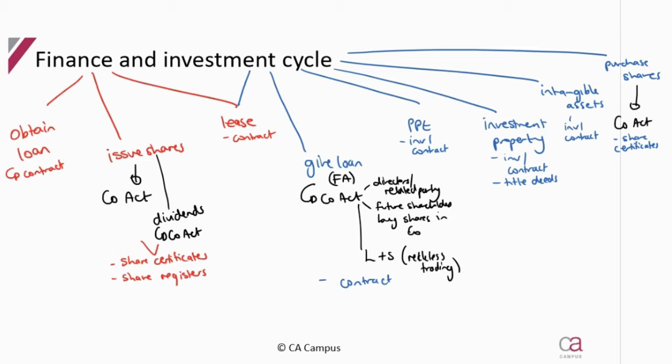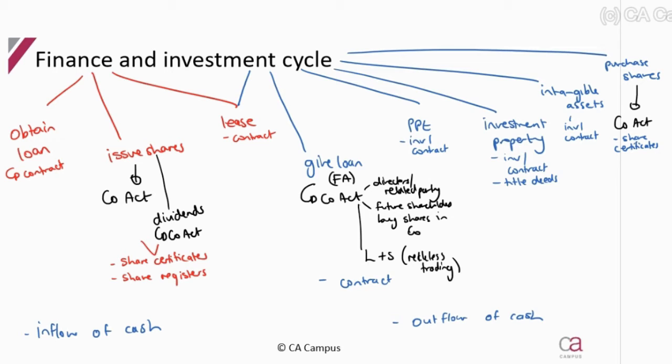So in your financing cycle there will be an inflow of cash, and in your investing cycle an outflow of cash, and therefore we should have bank statements showing that. Okay, but we'll look at that now.